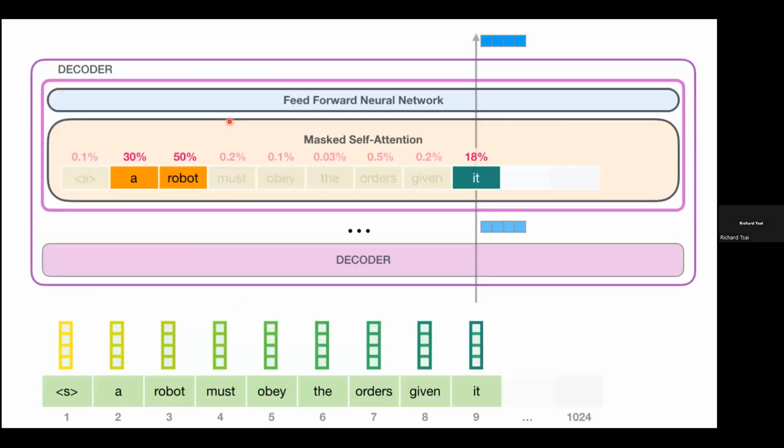Imagine GPT has already generated 9 tokens, from sentence begin to it. Here's what happens next. First, GPT calculates a score for each token by computing the dot product of its own query and the key associated with each token.